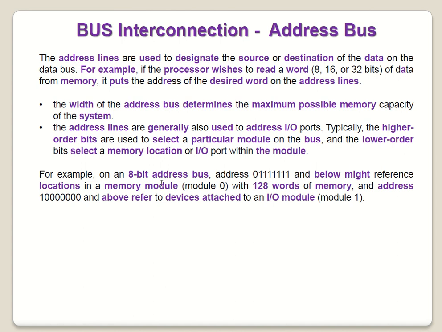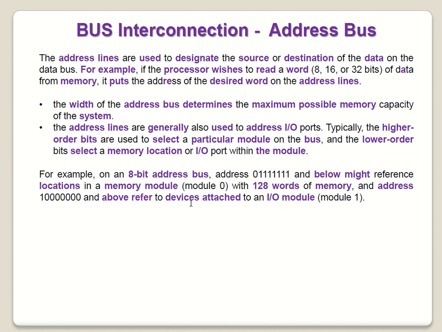Let's assume an 8-bit address bus, and this is the address 0111 1111. It might refer to the location in a memory module with 128 words of memory, and addresses like 100000 and above refer to the devices attached to the I/O module.